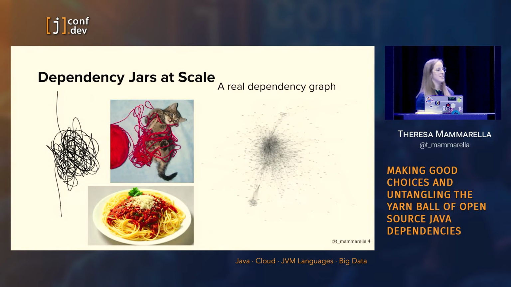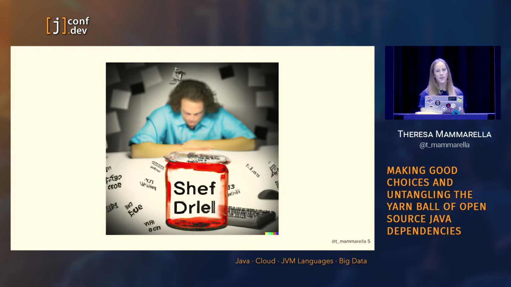This is, in fact, a real dependency graph, which looks remarkably like this squiggly line here. And since I'm better at expressing logic than feelings, I've created this AI art for you to express the amount of dread you should feel when talking about these kinds of issues and these kinds of bugs that developers may need to face.